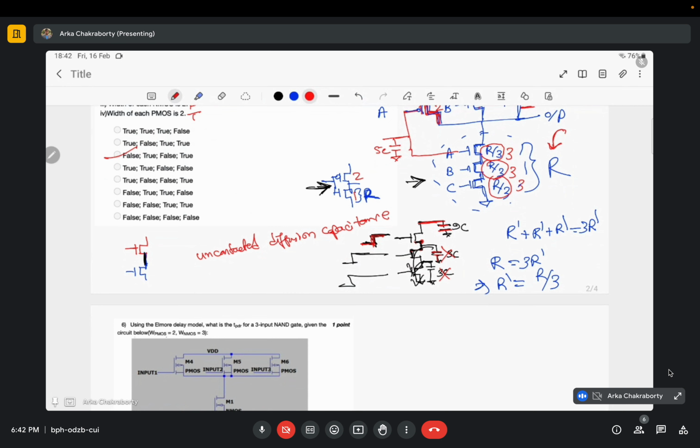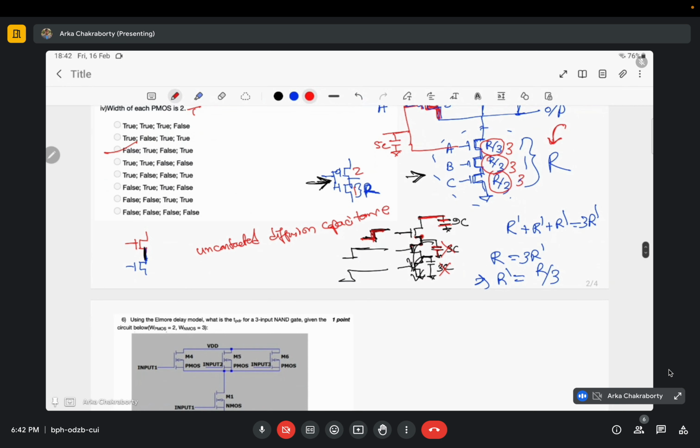Now how to achieve a resistance of R by 3? If I have to reduce the resistance, I have to increase the current. And what was the expression of current? It was mu Cox W by L into (VGS minus VT) into VDS minus VDS square by 2, right?